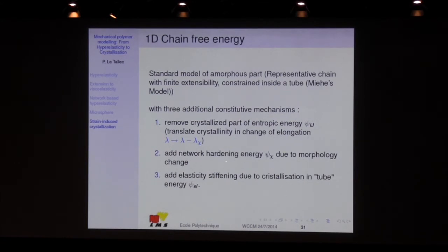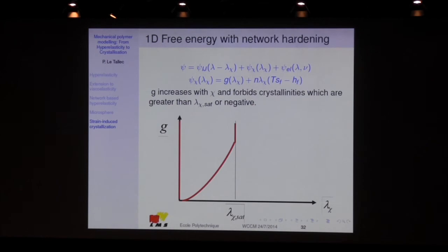You must add network hardening energy because of this stiffening due to crystallized inelasticity. And you must also add some energy explaining the fact that you have a new morphology which has been added. So altogether, you have this type of free energy: the chain energy, the morphology energy, and the additional stiffening.